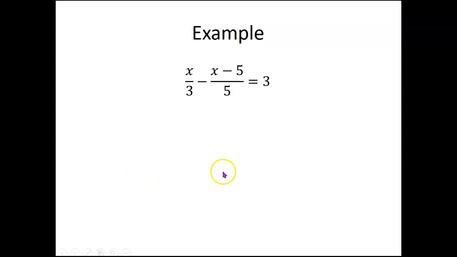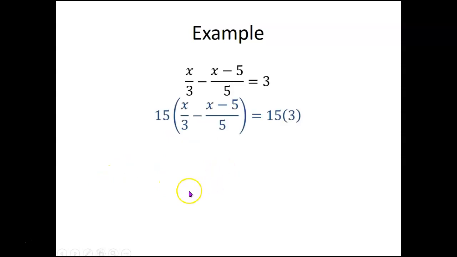So I'm multiplying both sides by 15. 15 times x over 3. Well, 15 over 3 is 5, and then times the x. Minus, now here the 15 over the 5 would be 3, and so that 3 gets multiplied by the (x minus 5). And then over on the other side, nothing divides out, it's just 15 times the 3 that was there.